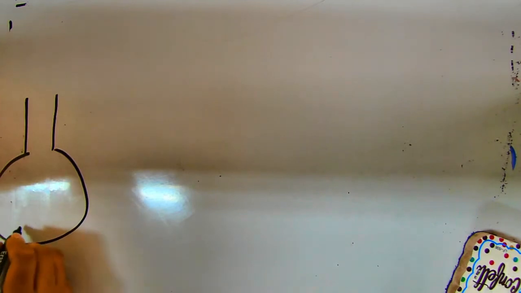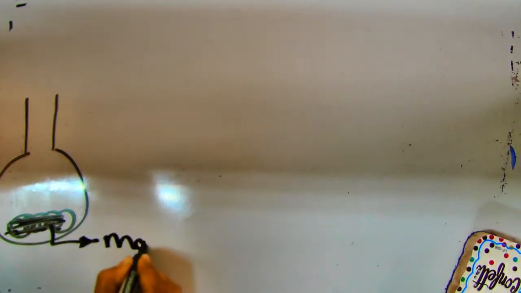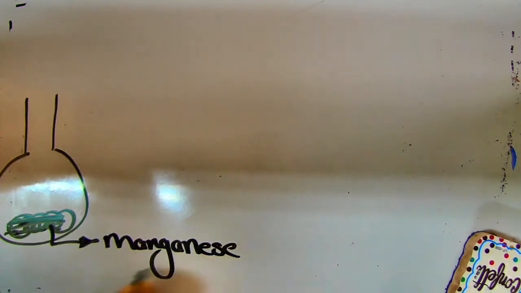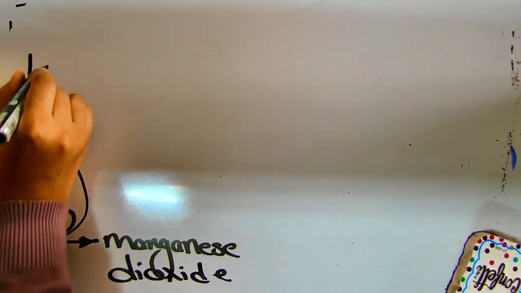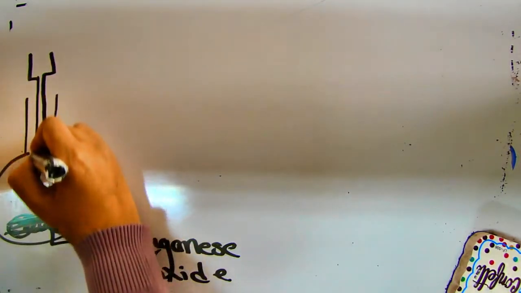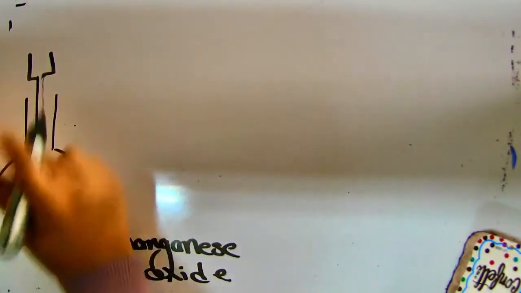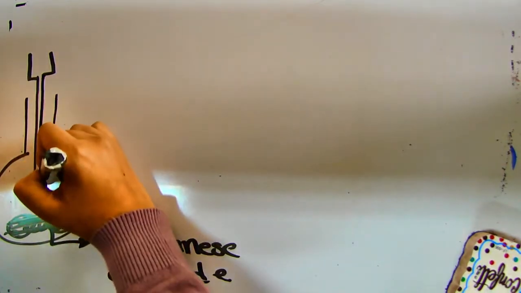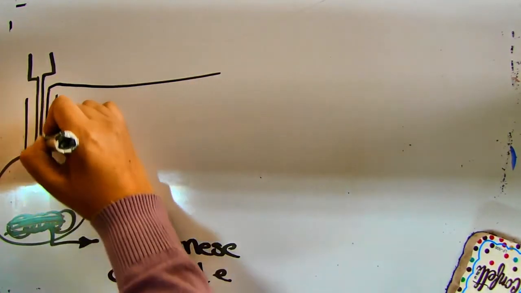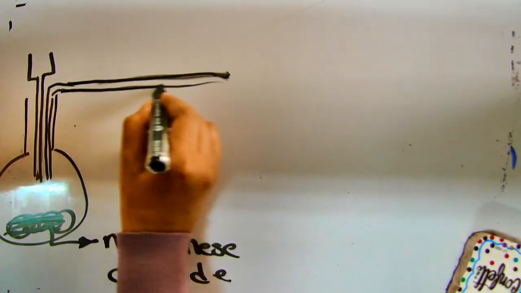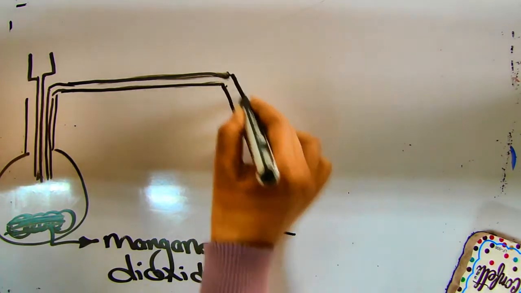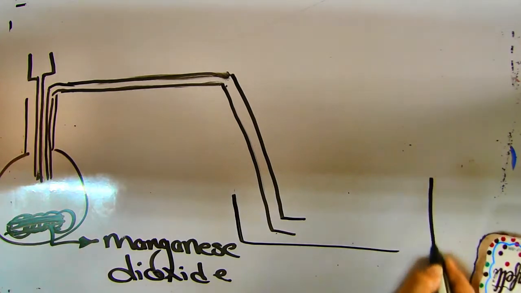First, manganese dioxide and hydrogen peroxide, H2O2, inside a container filled with water.